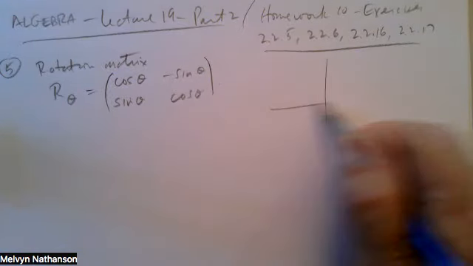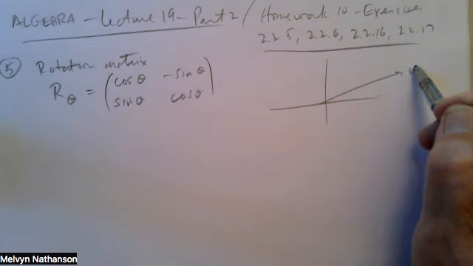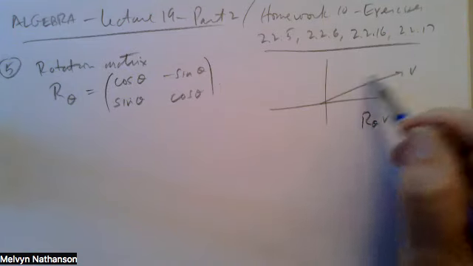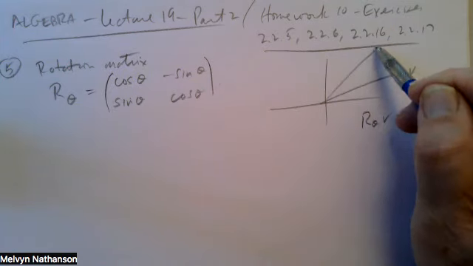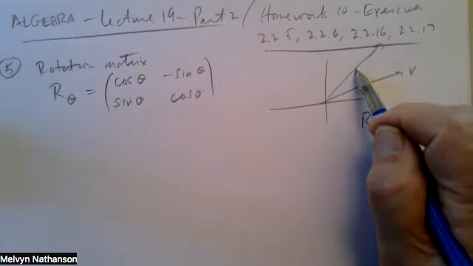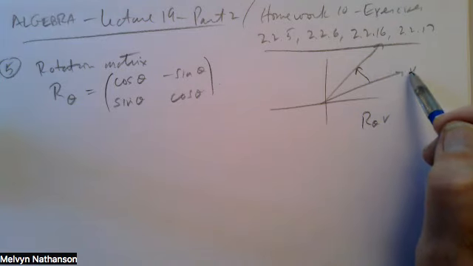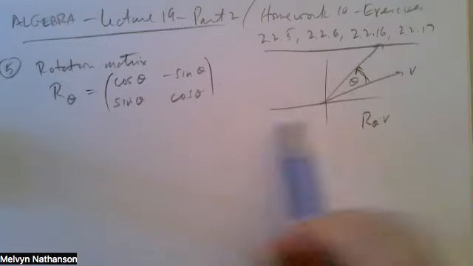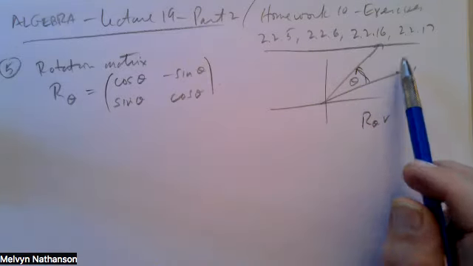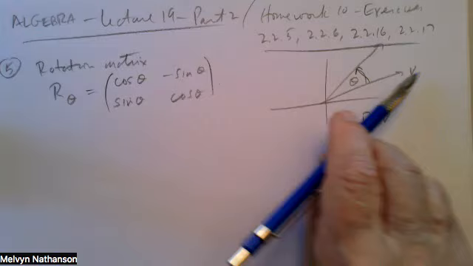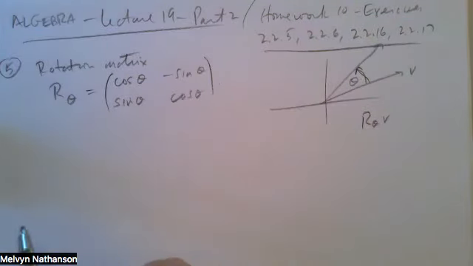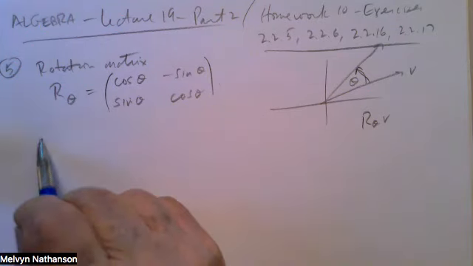And in the plane, if you take a vector v and you apply R theta to v, you get the vector by rotating v by an angle theta. And rotations have the following very nice property.